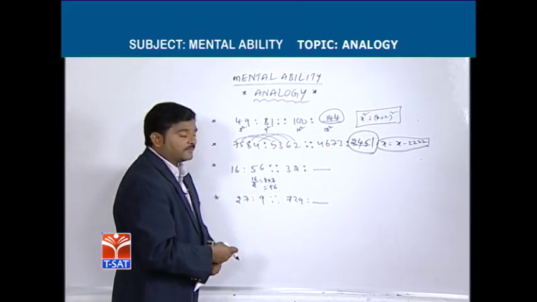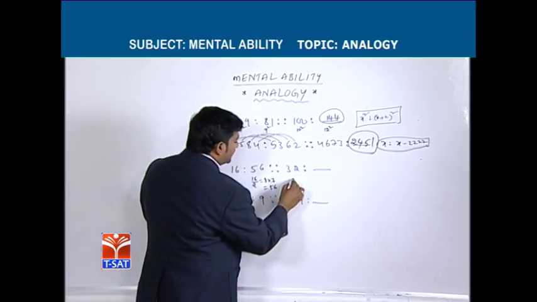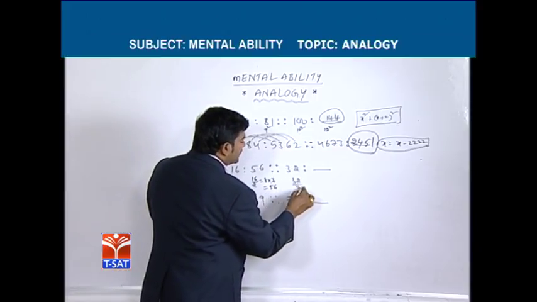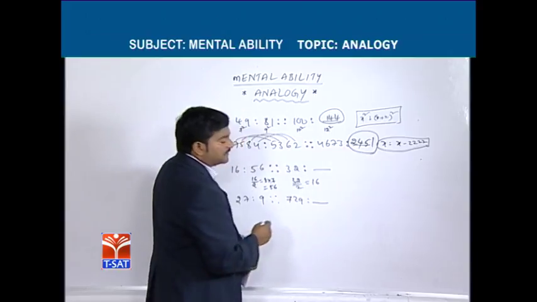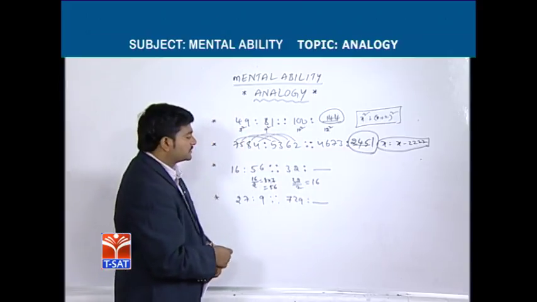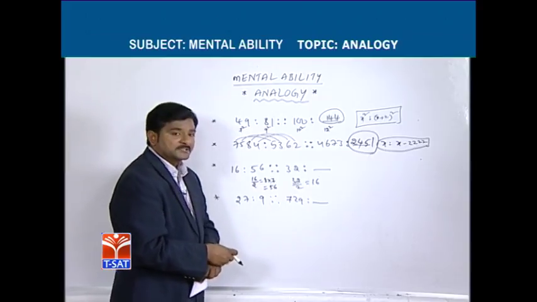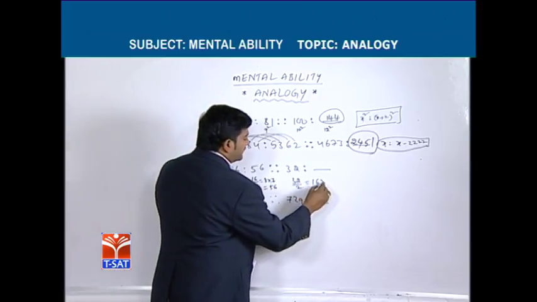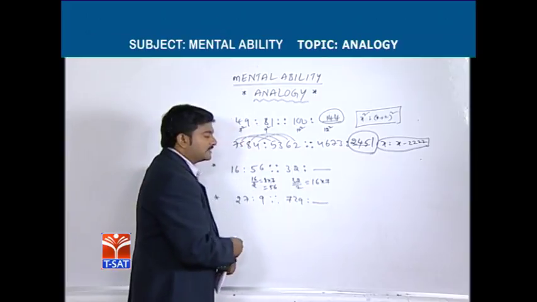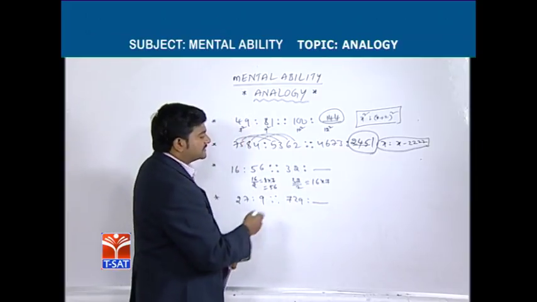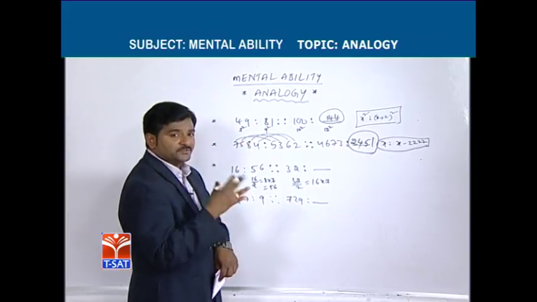Apply the same logic for that also. So what does it mean? Half of 32 means what will you get? 16 you will get. Okay. So now 16 must be multiplied by 7. Now 10 sevens are 70. 16 sevens, you may get confused.